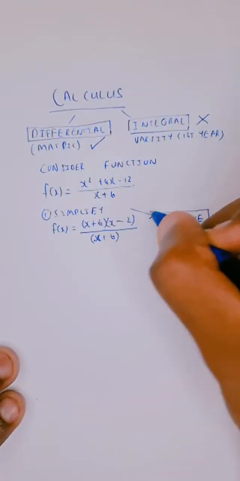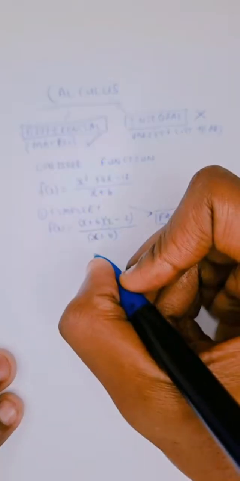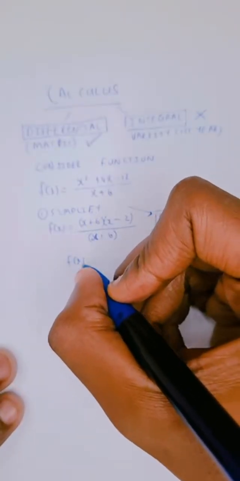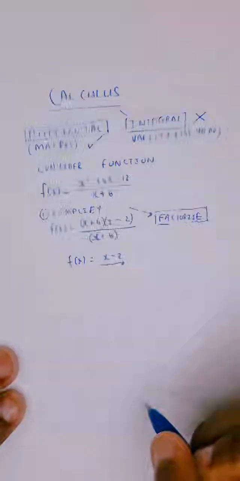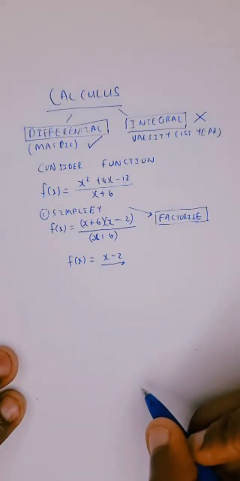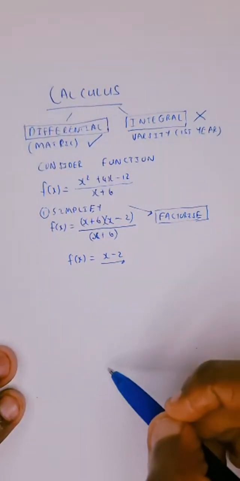After simplifying through factorizing, we cancel and further simplify, and we are left with f of x equal to x minus 2. That's what we are left with as our function.